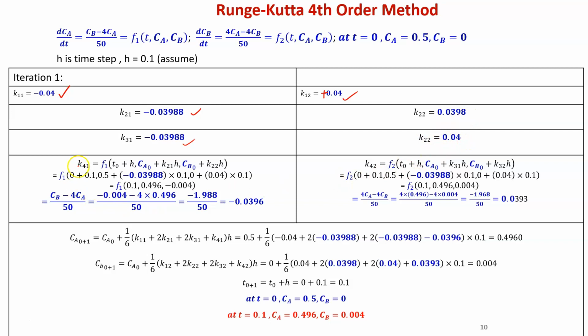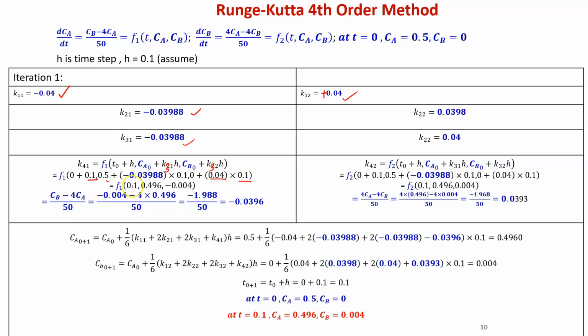Okay, now we are going to calculate K41: F1 of T0 plus H, CA0 plus K31 H, CB0 plus K32 H. Now F1, so T0 is 0 plus 0.1, 0.5 plus K31 into H. That was a typo, it is not K21, it is K31 and K32. K31 is minus 0.03988, and CB0 is K32 into H, so that is 0.04 into 0.1.